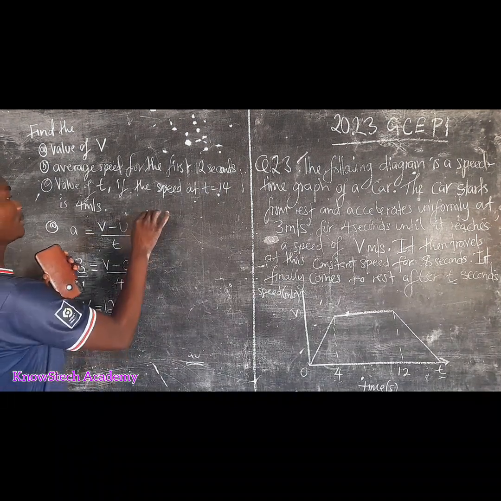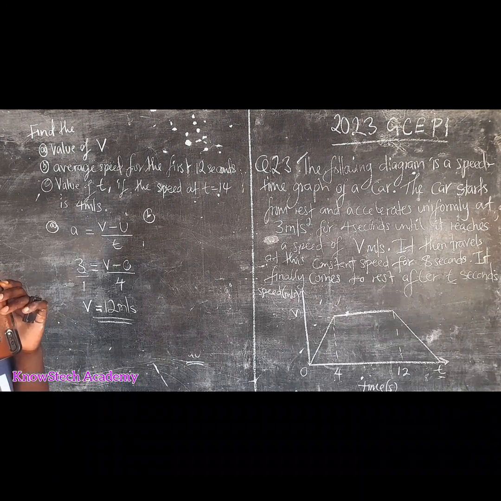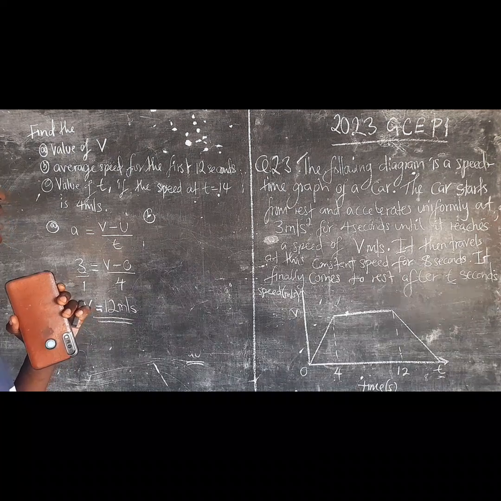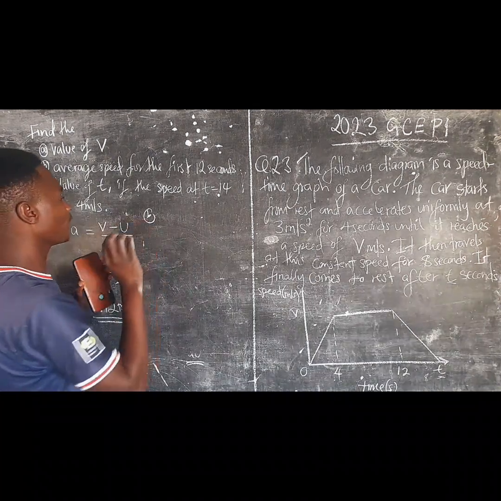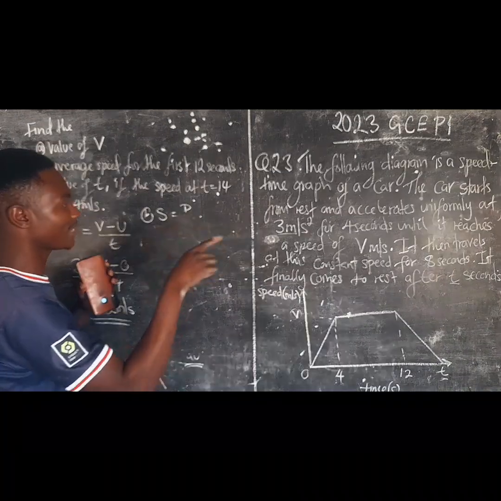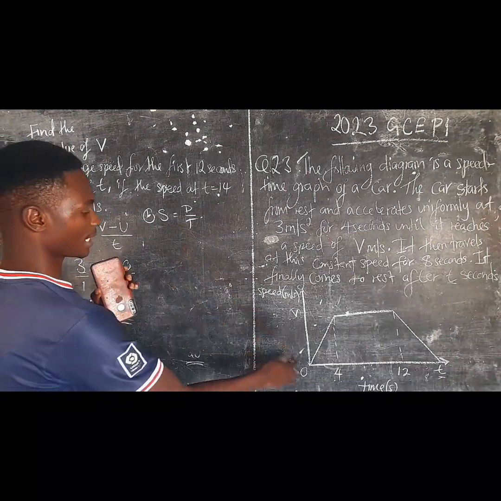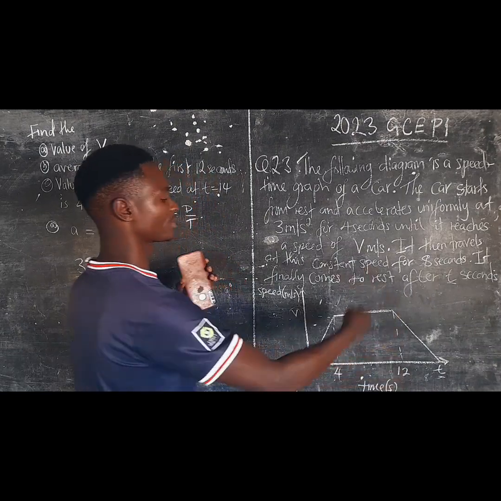The second question, we are asked to find the average speed of the car for the first 12 seconds. To find the average speed, the formula is speed is equal to distance covered over time taken. Now, in the first 12 seconds, we know total time taken is 12 seconds, but we don't know the distance covered.